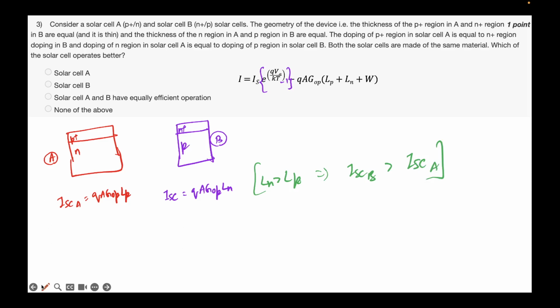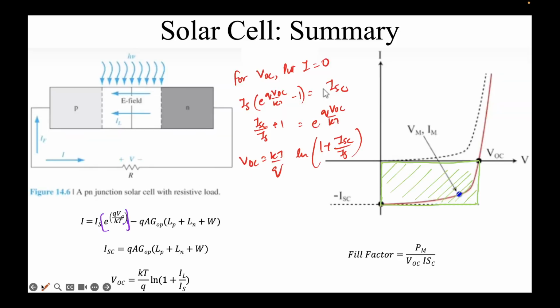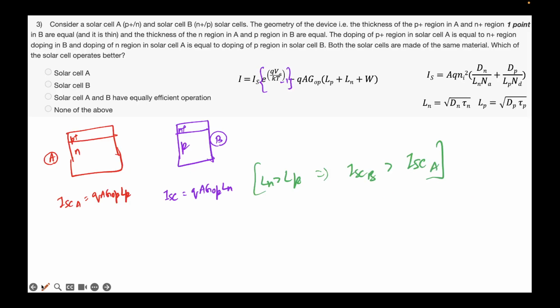Now let's do the analysis for the open circuit. For that I'll need the expression KT by Q. VOC equals KT over Q times ln of 1 plus I photocurrent by IS.